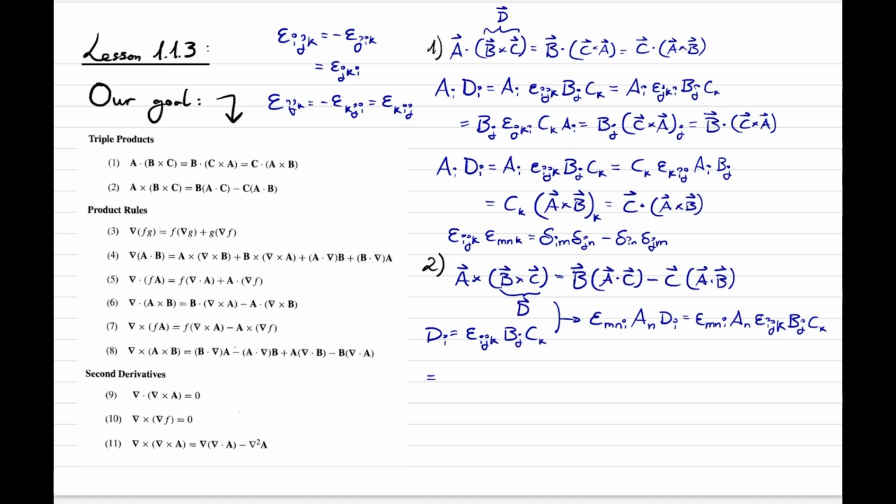So we can reorganize all of these. We have epsilon mni, epsilon ijk, and now an, bj, and ck. So we see that we have two Levi-Civita symbols multiplying each other, and they have one index in common. They are summing.